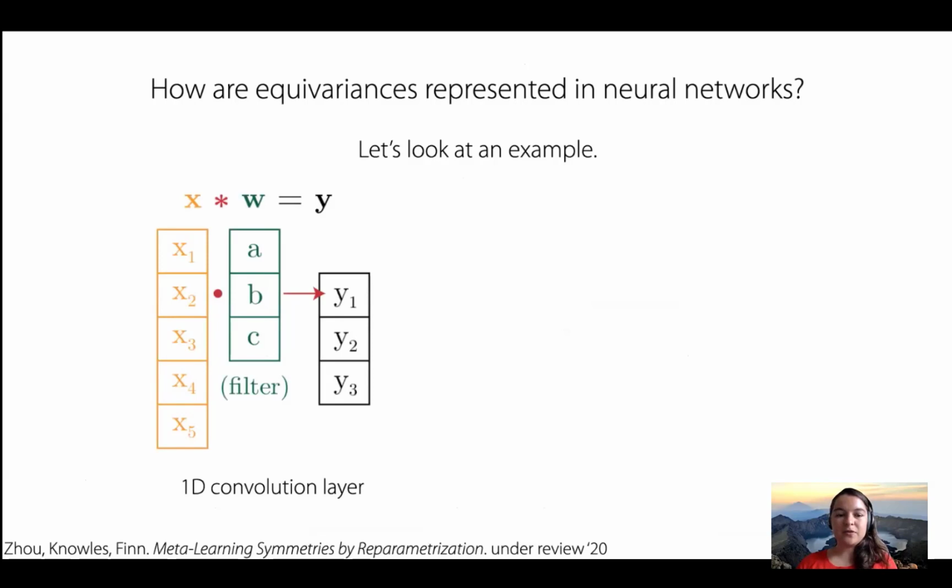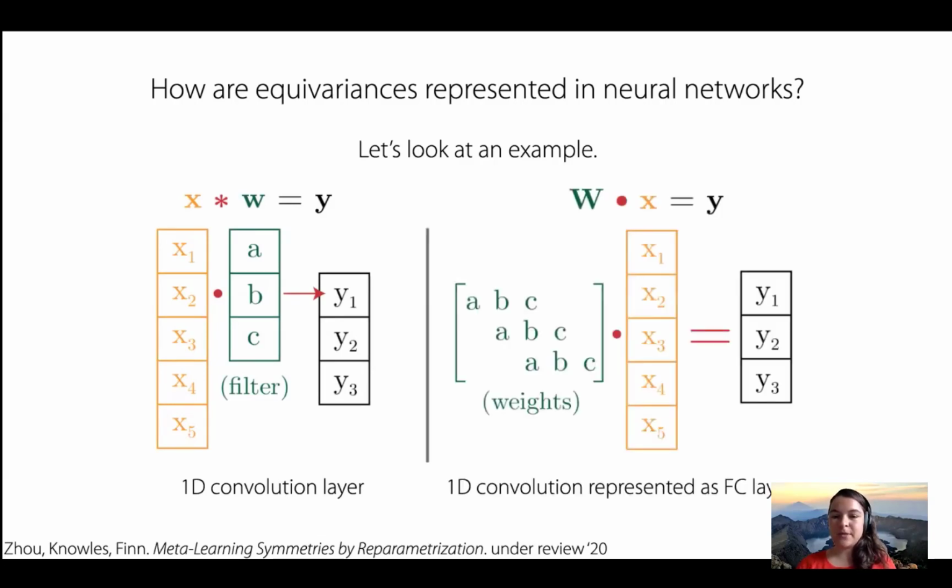Now, this is one way to represent a convolution layer, as this filter that you're sliding across the input. But another way that you could represent it is actually using a fully connected layer. The corresponding fully connected layer looks like this, where the weights of the filter are repeated across the fully connected matrix, and the remaining entries are all 0. This basically corresponds to the identical function as the one on the left.